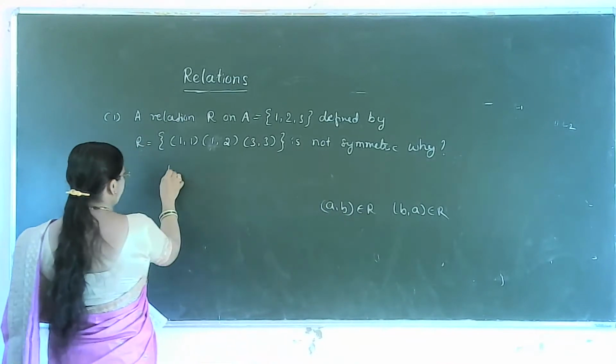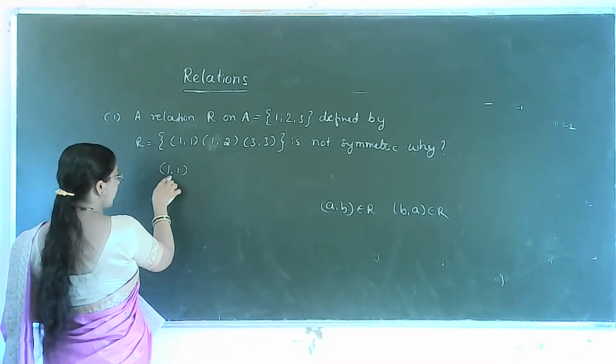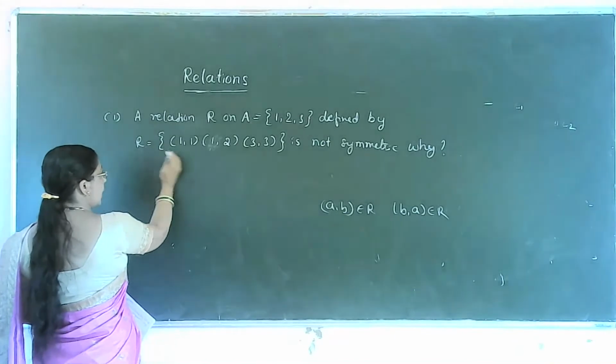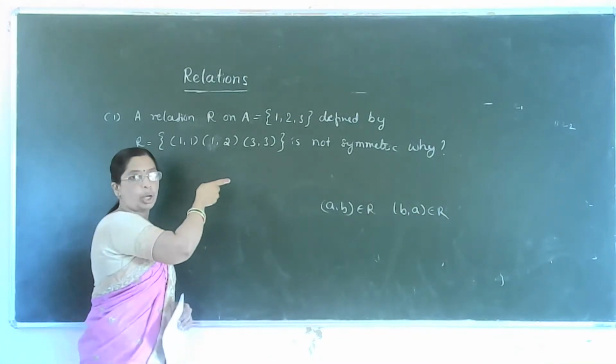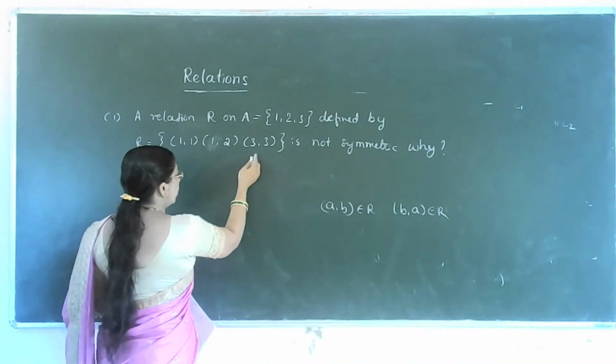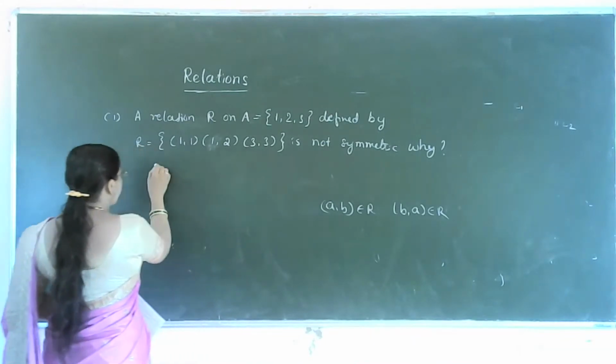Here, (1, 1) is there, and its reverse is also (1, 1). Then (3, 3) is there, and its reverse is also (3, 3).